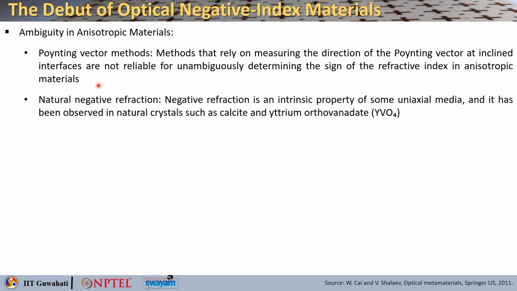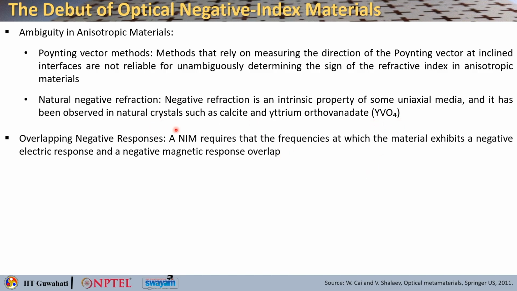So, there is basically ambiguity in this kind of anisotropic material. Another thing is that there is natural negative refraction. That means you can observe negative refraction as an intrinsic property in some uniaxial media, and it has been observed in some natural crystals such as calcite and yttrium orthovanadate, or YVO4.